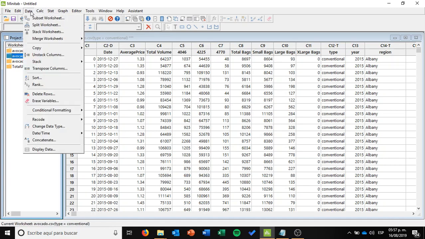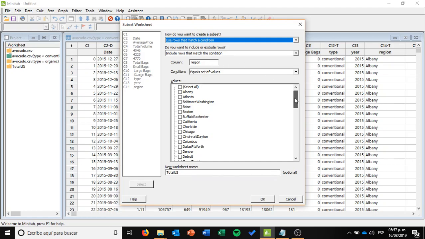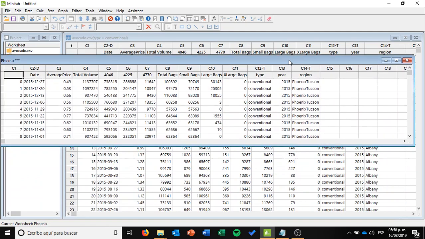And I'm going to subset the worksheet again by selecting not the total US, but now Phoenix Tucson, and I'm going to name the worksheet Phoenix, just Phoenix. I press OK, and now I have a new worksheet.